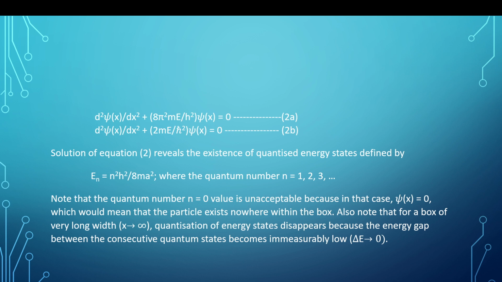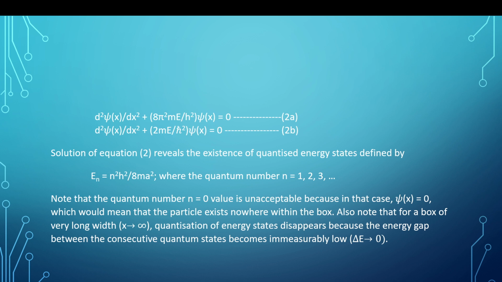Solution of equation 2 reveals the existence of quantized energy states defined by the expression En equal to n square h square divided by 8ma square, where n is the quantum number having values 1, 2, 3, etc. Note that the value n equal to 0 is not allowed, because if we accept this value, it means the wave function becomes 0, which means the particle exists nowhere.